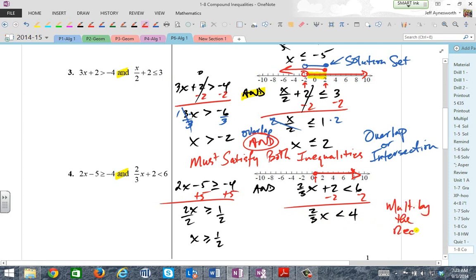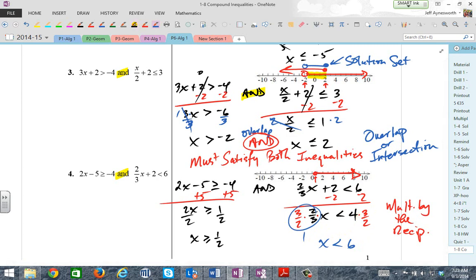That's the fastest way you can cancel out a fraction using multiplication. So times 3/2 here. Remember that the reciprocals, whenever you multiply them, you get 1. And so you get x less than 4 times 3 is 12, divided by 2 is 6. Right, and you get x less than 6.